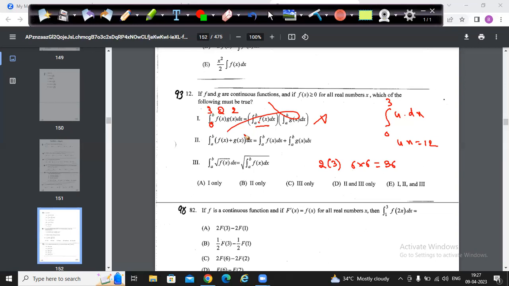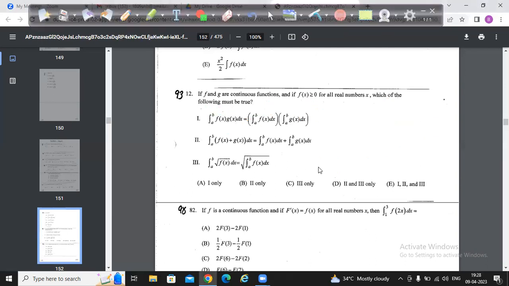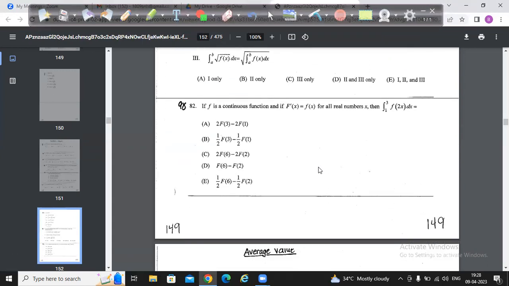Now if you see the 82nd question, please see the 82nd question. F is a continuous function such that f dash x is equal to f of x for all real numbers.